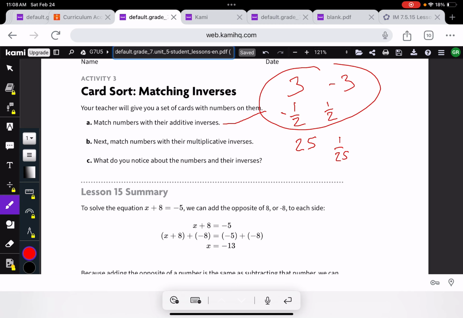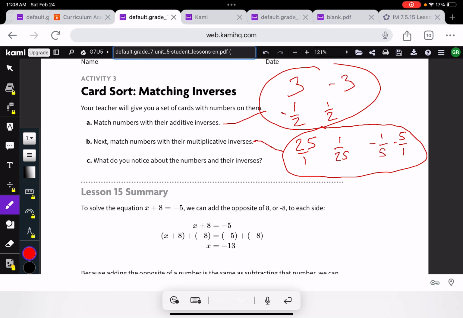If it was -1/5, the multiplicative inverse would be it flipped upside down. If I multiply 25 by 1/25, I get 25 over 25, I get 1, right? -1/5 times -5 over 1, that's 5/5, or negative times a negative is positive. It would be +1.